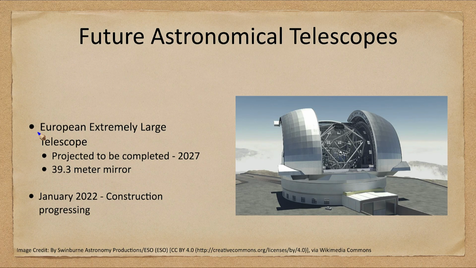Well, one that is being worked on is the European Extremely Large Telescope, which is projected now to be completed in 2027. So this is the conception drawing of this large telescope. It is a 39.3-meter mirror, so that'll be much larger than any of the other ones that we've talked about.